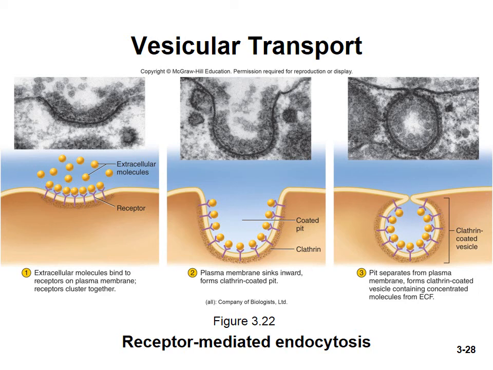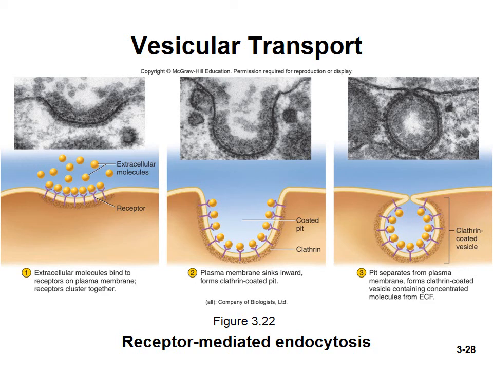So the plasma membrane is going to sink inward. You see the little hole or groove that's forming, and it's going to form this little clathrin-coated pit right here. And then all of a sudden, the membrane is going to fold itself around these little particles which are on these receptors, and bring them into the cell, containing concentrated molecules.